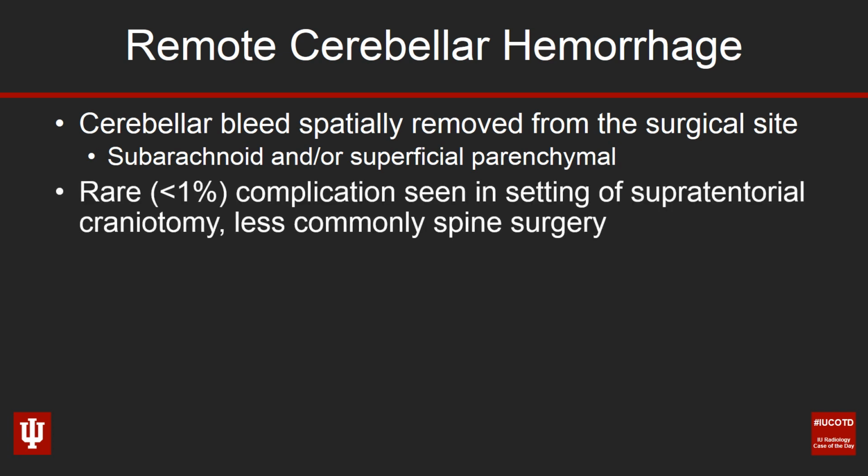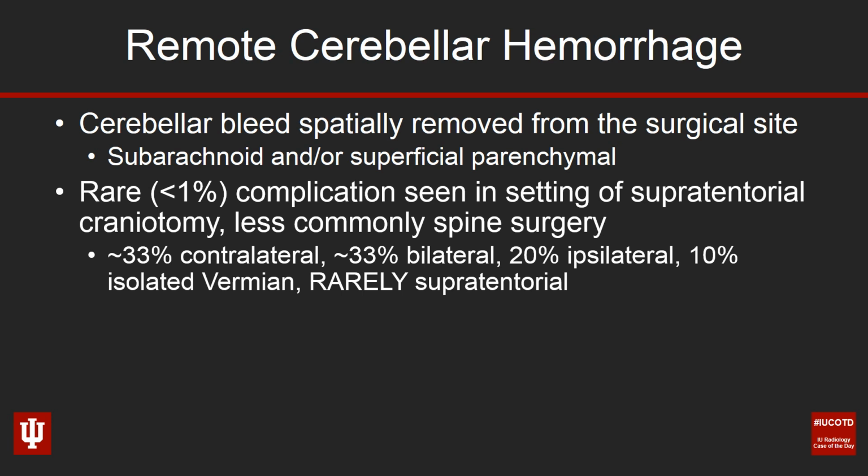This is a rare complication seen in less than 1% of patients who have a supratentorial craniotomy, sometimes even seen in the setting of spine surgery. It's estimated anywhere between 0.5% and 0.8% of cases. About a third of the time it's going to be contralateral, about a third of the time it may be bilateral, and about 20% of the time it may be ipsilateral to the site of surgery.